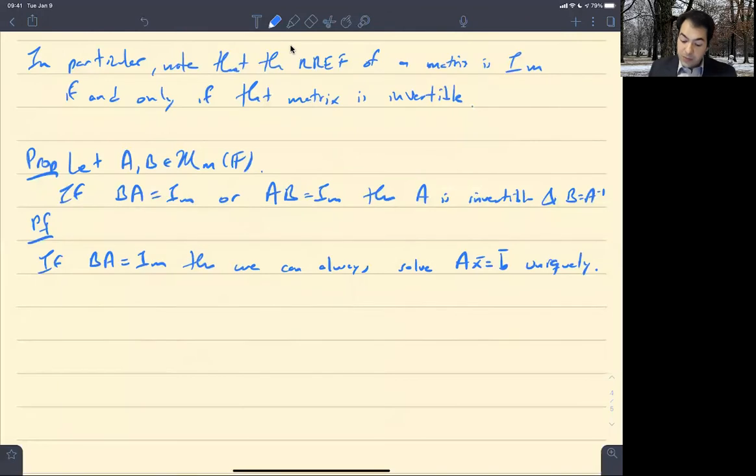Right? Because if B times A is equal to the identity and you have this equation, then you just multiply by B on the left on both sides of the equality. Right? So X is equal to capital B times lowercase b.